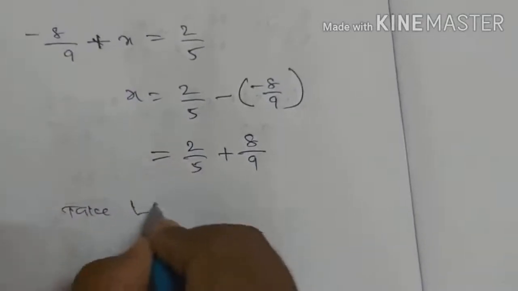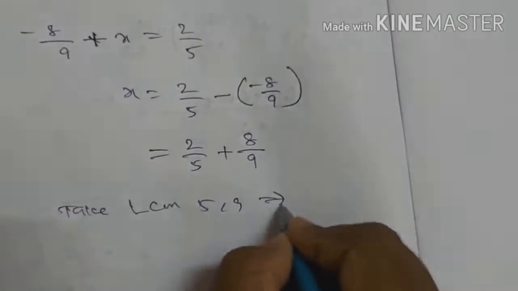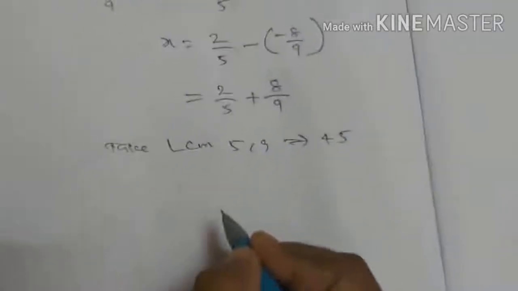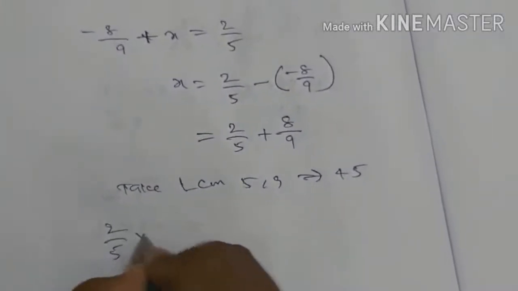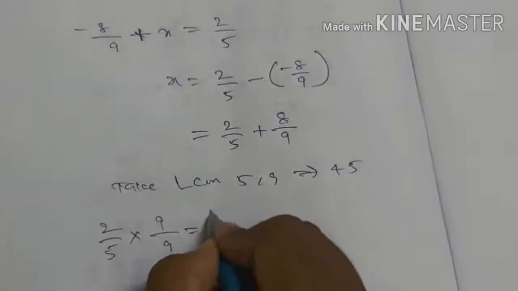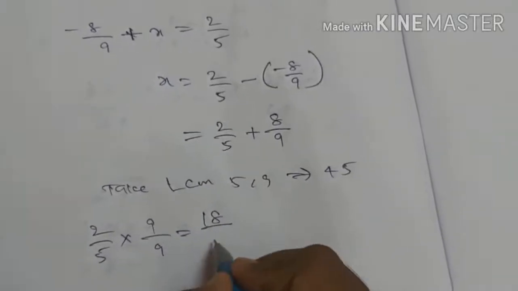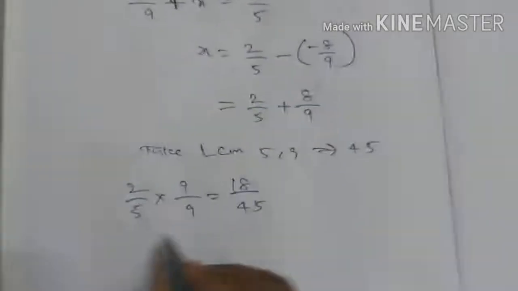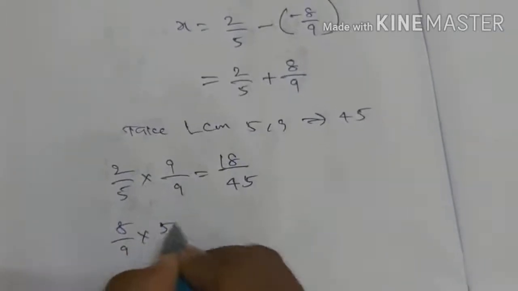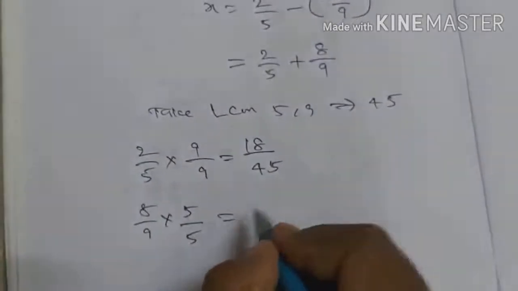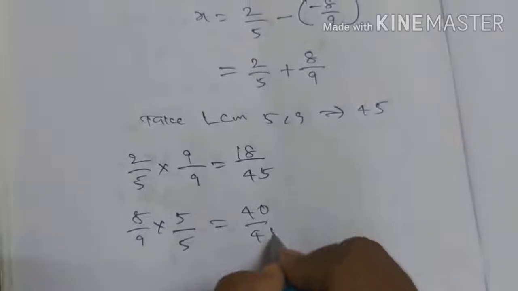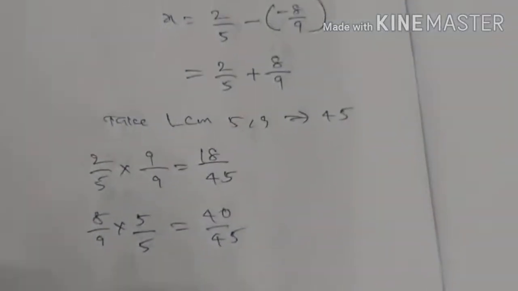So take LCM, 5 comma 9, 45. So as usual the same manner, 2 by 5 multiply 9 table, so 18 by 45, 8 by 9 by 5 table, 8 9s are 40 by 45.